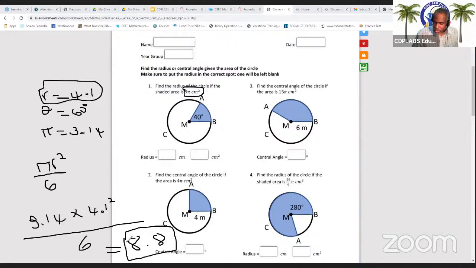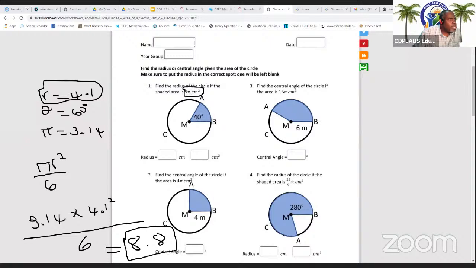Now watch this. So we have the area. They say the shaded area is the area of the sector. So this represents it, and they have the pi. So then what does this 9 mean?